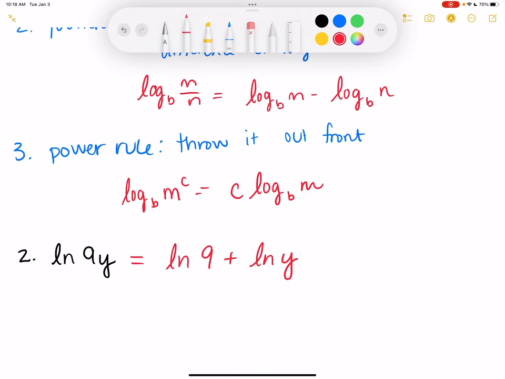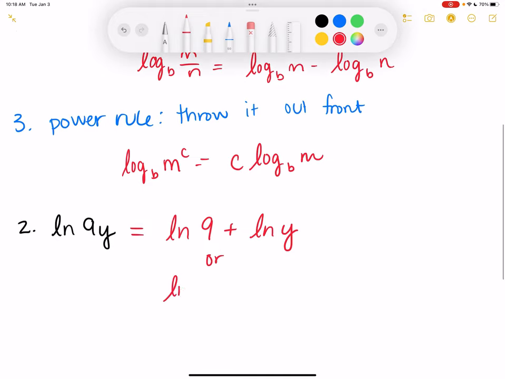Now, I would leave it that way, but if you're going through and checking problems and you see something like this come up, this is what they're doing. They would say that ln of 9 is the ln of 3 squared, so then it would be 2 ln of 3 plus the ln of y.